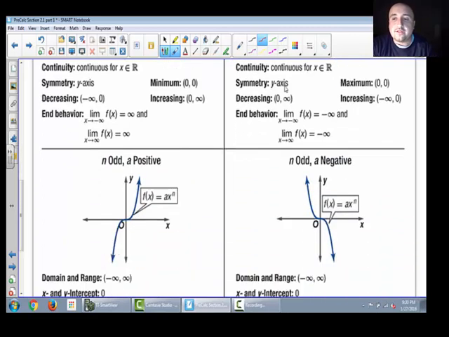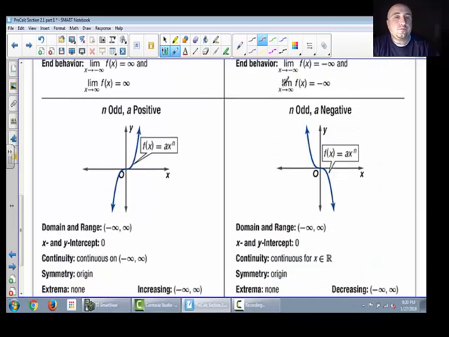All right, now let's go down to the bottom here. So remember, we have y equals a x to the n. If our a is positive, so y equals positive 3, and our n is odd, so let's say 3x to the third, it's going to go up on the right and down on the left.